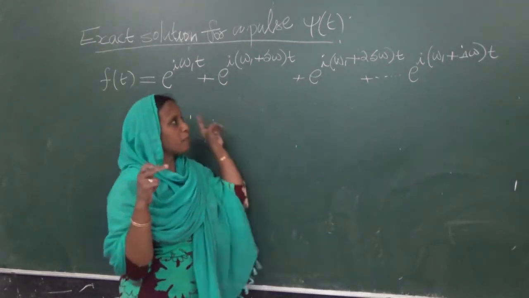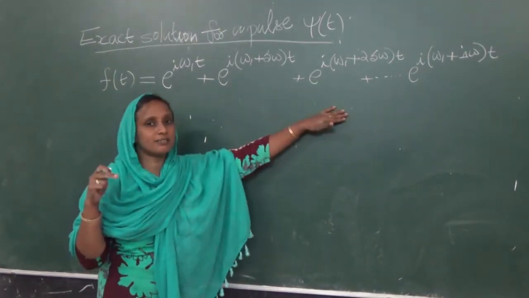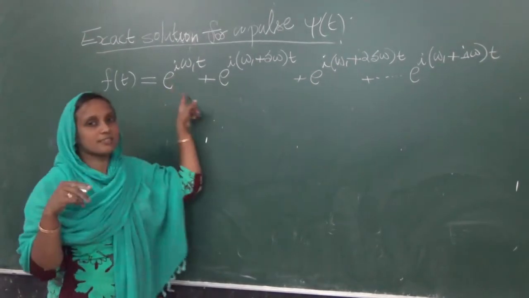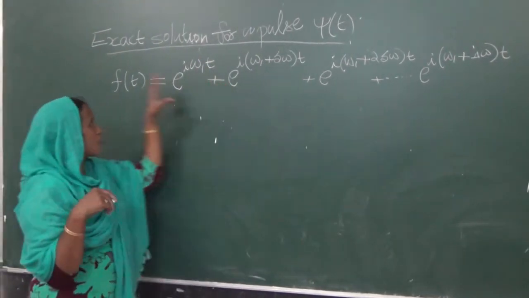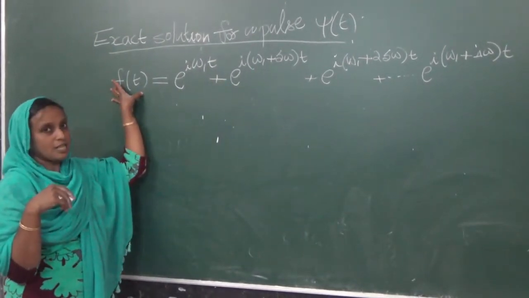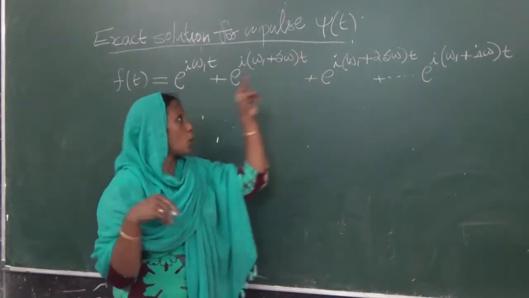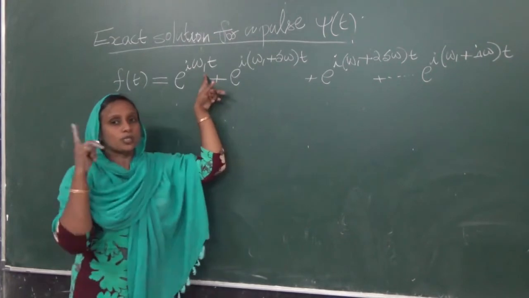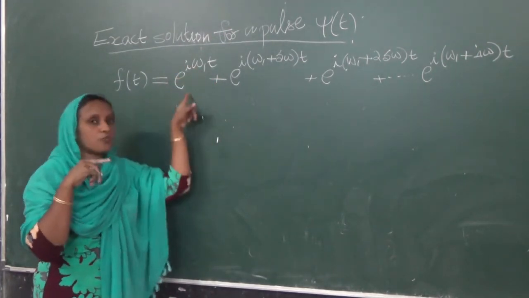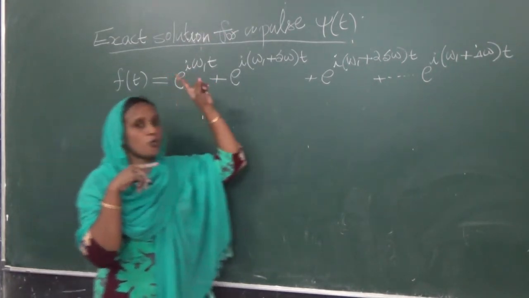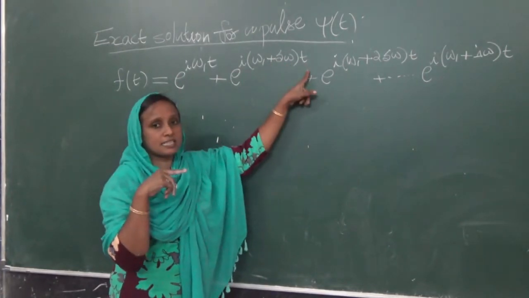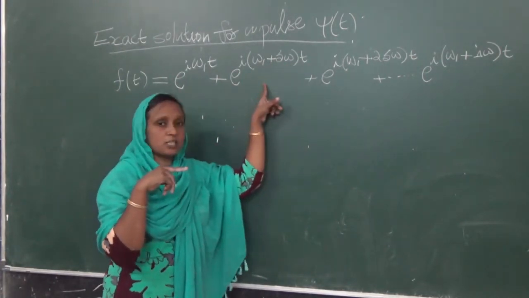Okay, what is the peculiarity of this equation? From this equation you can see that the real part of f of t represents the cos functions in our equation 1. Cos omega 1 t is the real part of this expression, and cos omega 1 plus delta omega t is the real part of this expression.